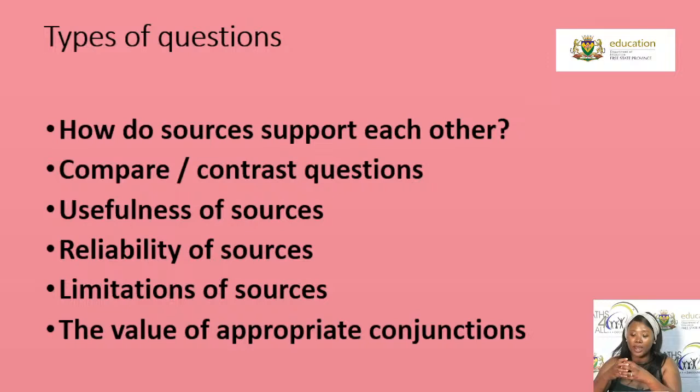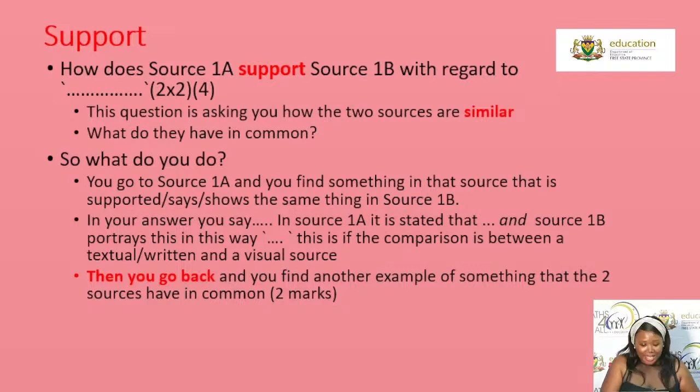Now, when sources support each other, you find questions such as, how does source 1A support source 1B with regards to? This is a comparison question where you are required to look at the similarities of both sources. You need to identify what these sources have in common. Now, what do you do in this case? You go to source 1A and you find something in that source that is supported by source 1B.